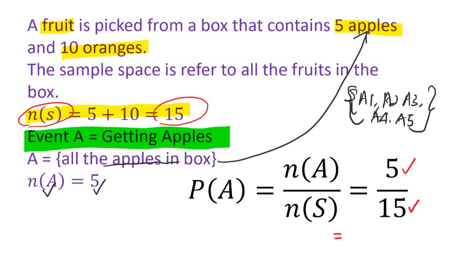This fraction is not the simplest fraction, so we must simplify it and we will get 1 over 3. So the probability of getting an apple from the box in the question is 1 over 3.